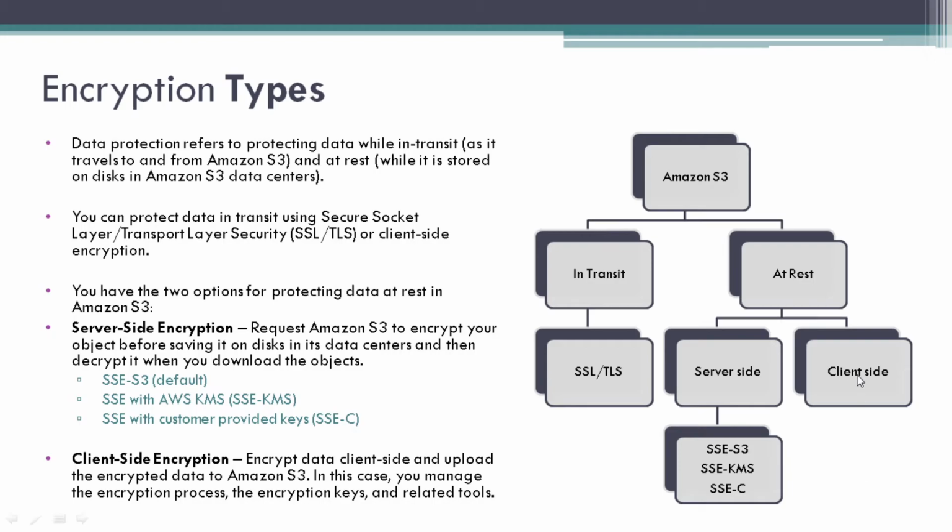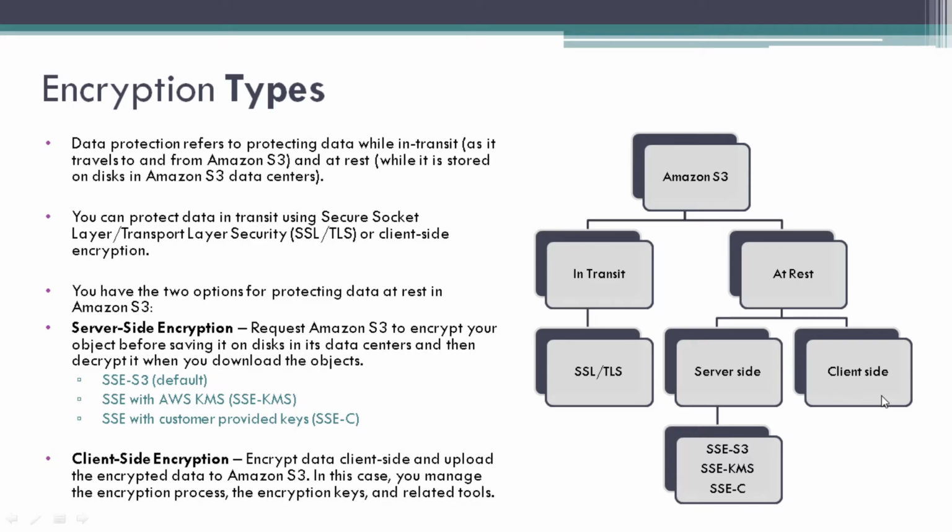And the second option at rest is client side encryption. So what is client side encryption? You encrypt data client side and upload the encrypted data to Amazon S3. In this case, you manage the encryption process, the encryption keys and related tools. For server side encryption, Amazon S3 will take care of the encryption and decryption process.